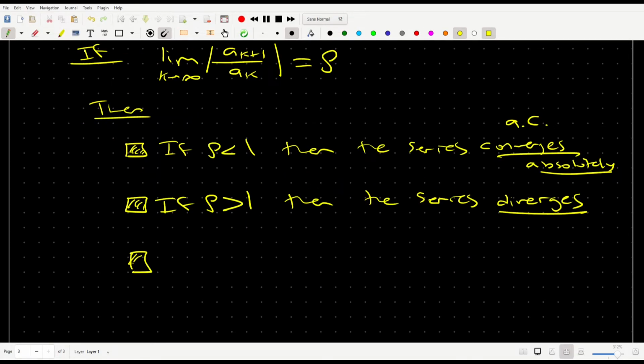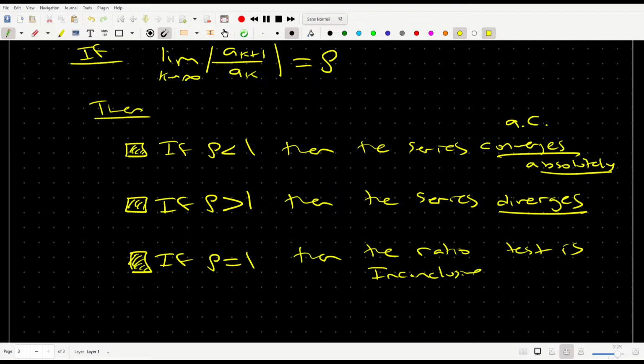In the last possible scenario, if rho is equal to 1, then the ratio test is inconclusive, which basically means that we don't know. It's not working. We don't know if the series converges or diverges. We have to choose a different test to test for absolute convergence.